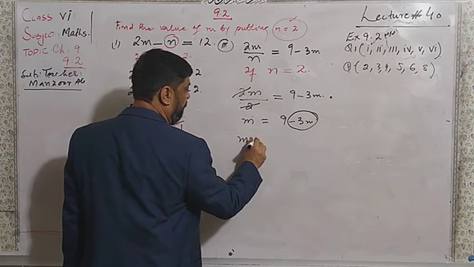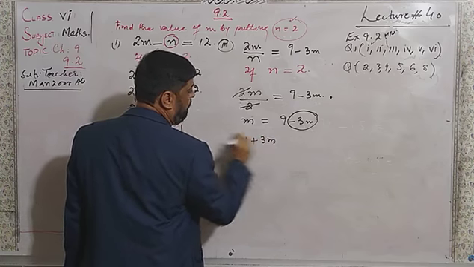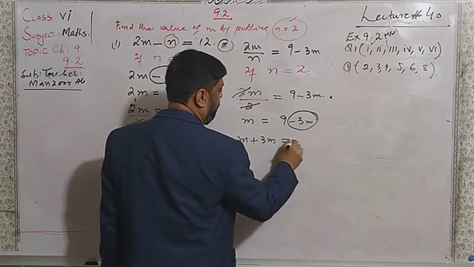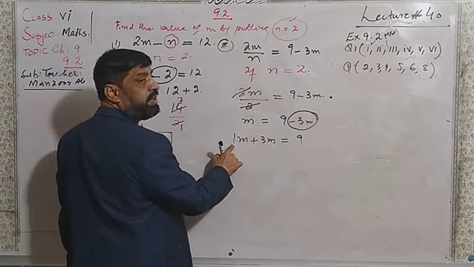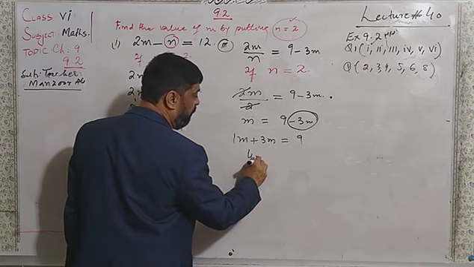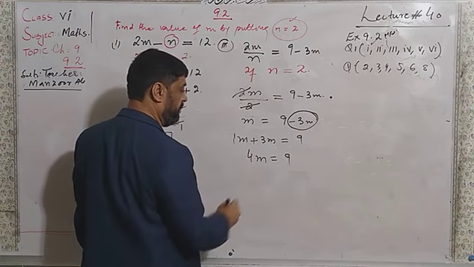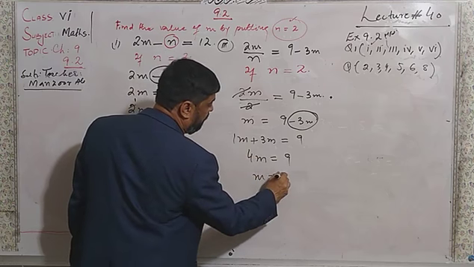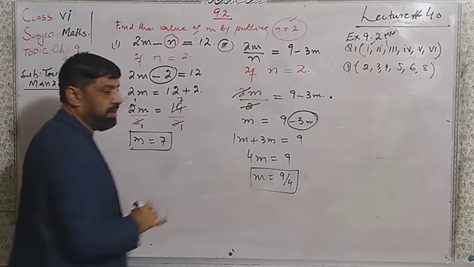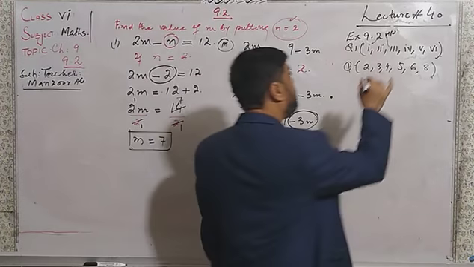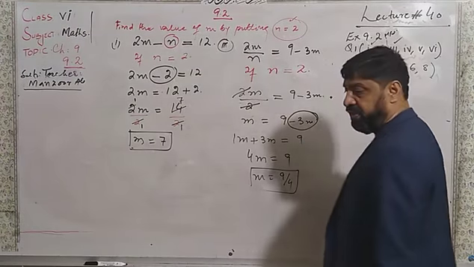It will be m plus 3m, because of the minus after shifting. Here is the 1; 1 plus 3 becomes 4m equal to 9. m is equal to 9 over 4. This is the answer. This is what I did for number 3.